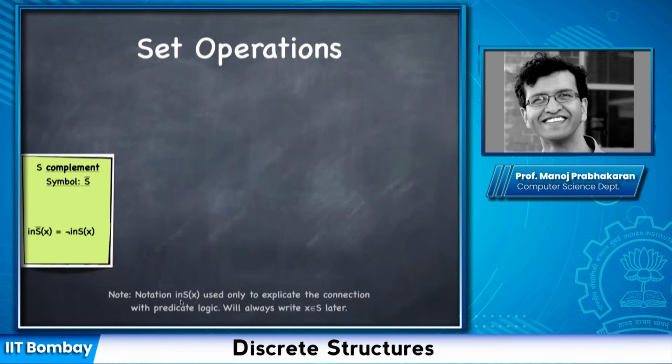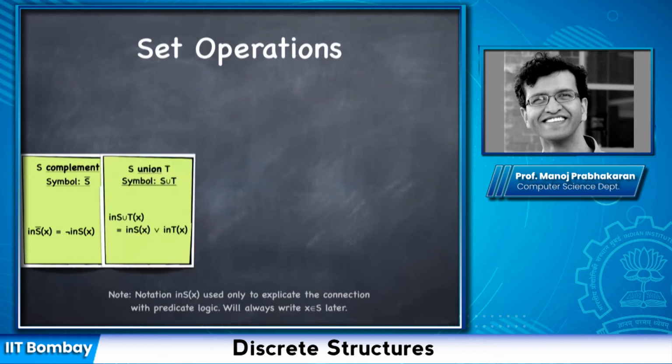Okay, so to define the complement operation on a set, I can instead define the membership predicate of that new set. And what is that membership predicate? The membership predicate of that new set is just the negation of the membership predicate of the original set S.